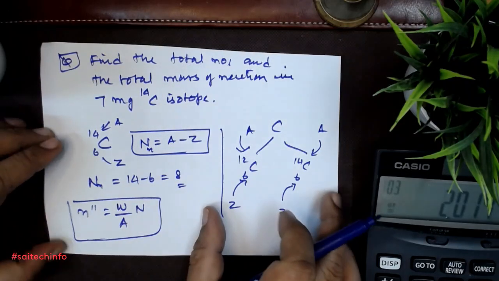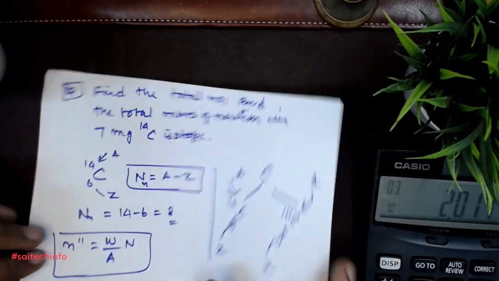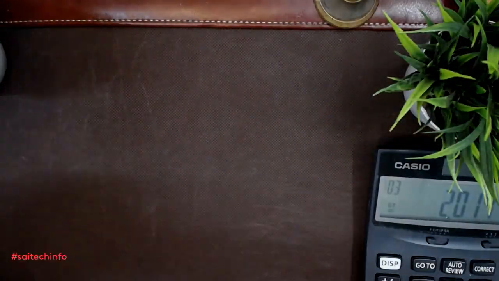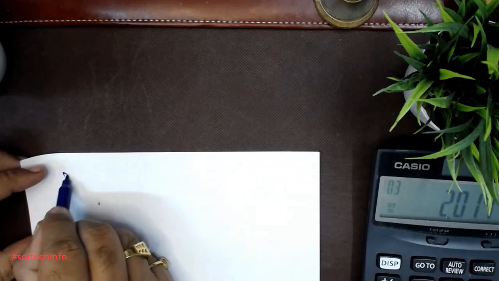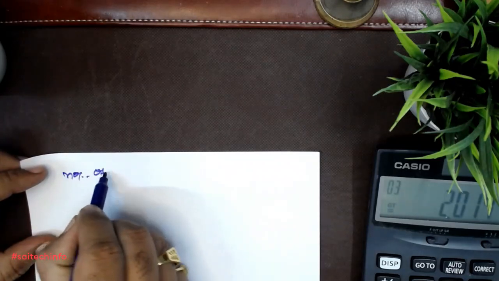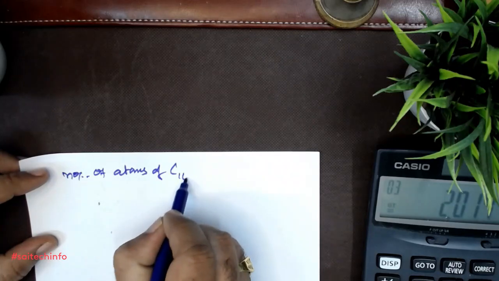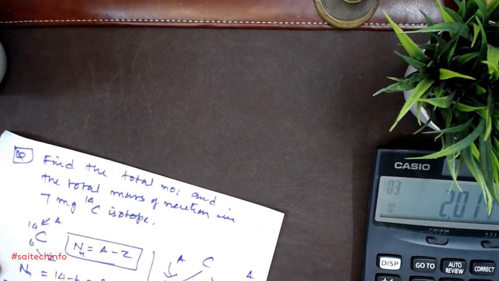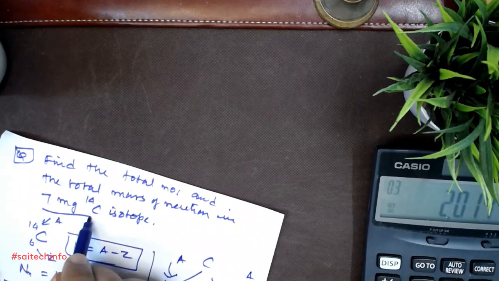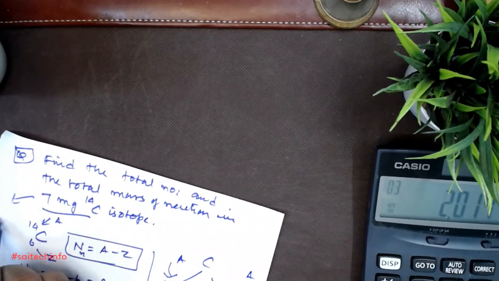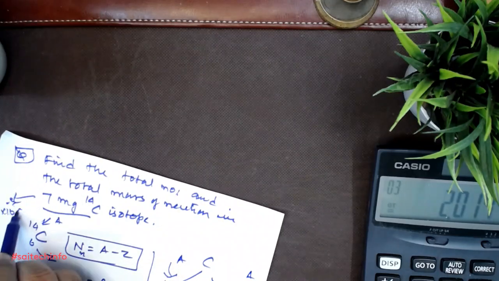The weight of C14 is 7 milligram, which should be converted to 7 into 10 power minus 3 gram.